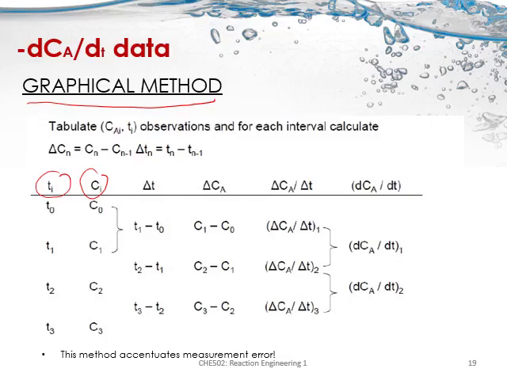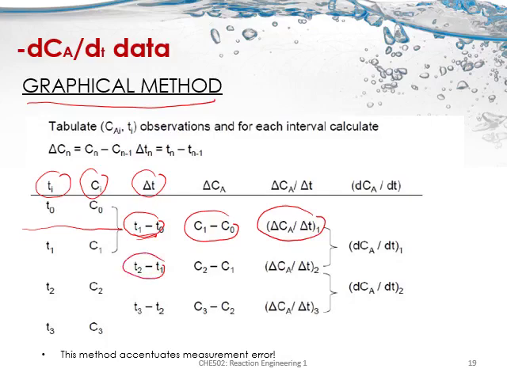Here, delta t is t1 minus t0, and they put it in the middle because this data refers to the first row and second row. Then delta CA is C1 minus C0. Then you have delta CA divided by delta t, the change in concentration divided by the change in reaction time. Then you repeat this.